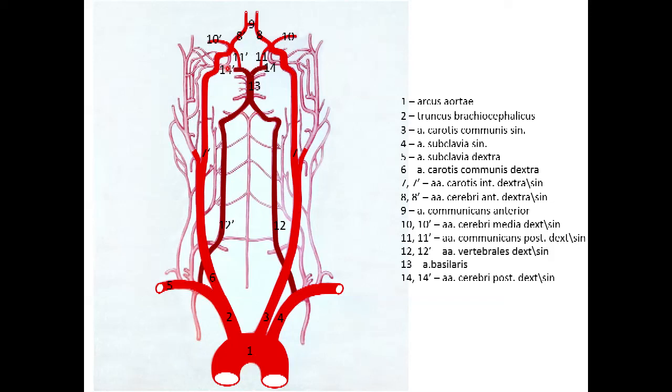Another detail, you can see that from arteria vertebralis, two paired vessels contact each other in the middle and form number 15, arteria spinalis anterior.